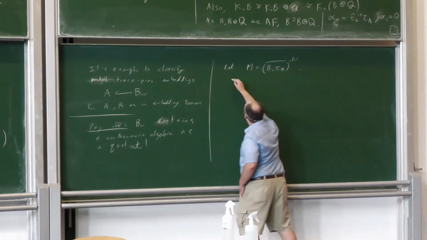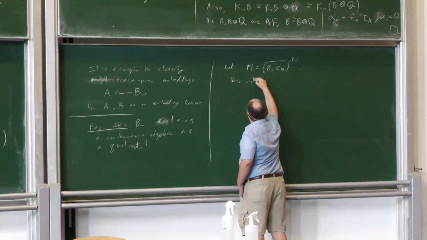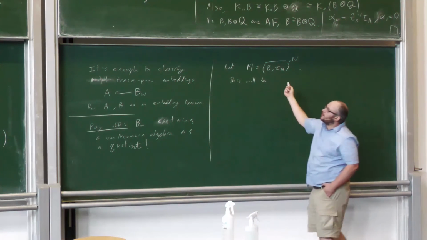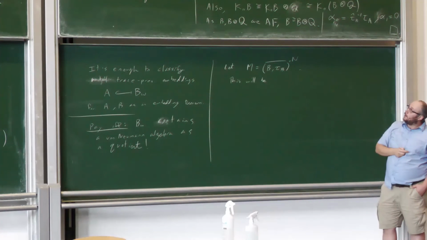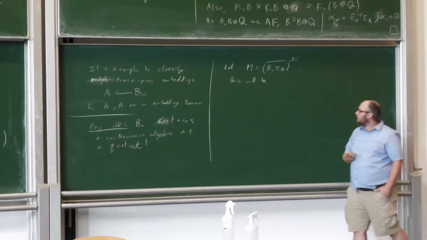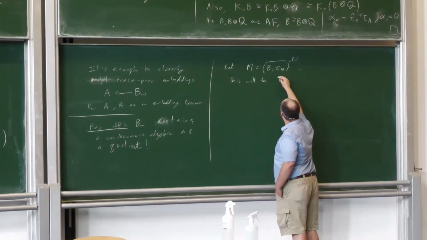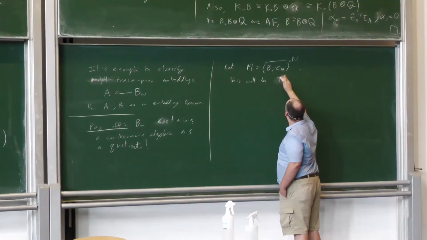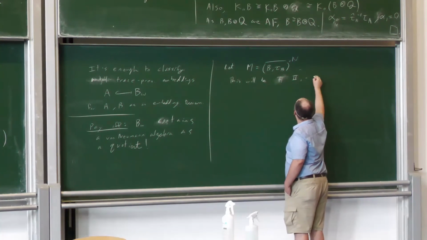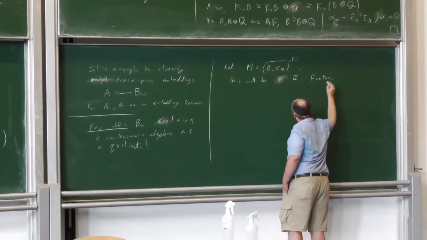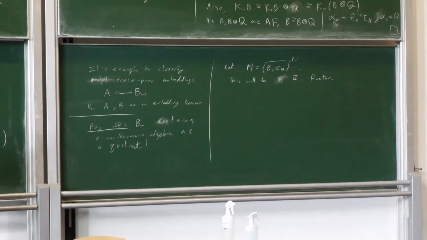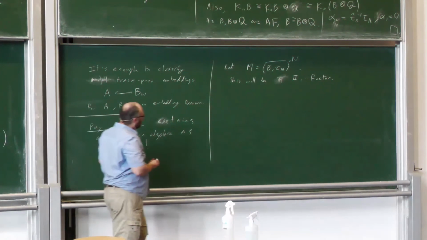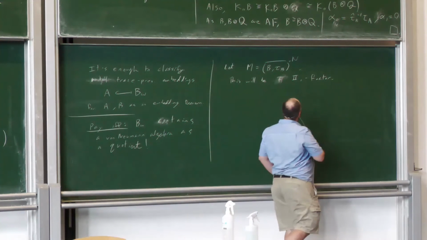Because of the uniqueness of the trace, this completion is going to be a factor. And if B is infinite dimensional, because it's Q-stable, it can't be finite, so it has to be a II_1 factor, and B is contained in there as a dense subalgebra.